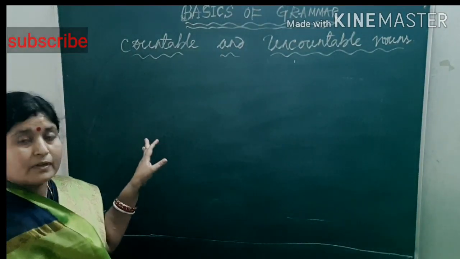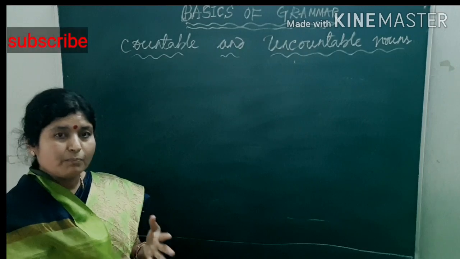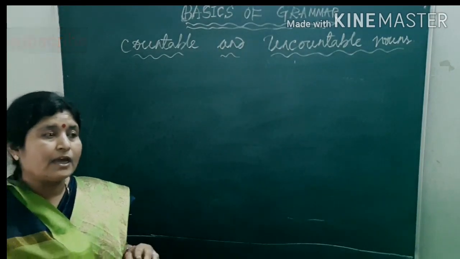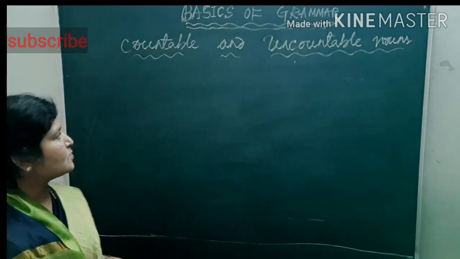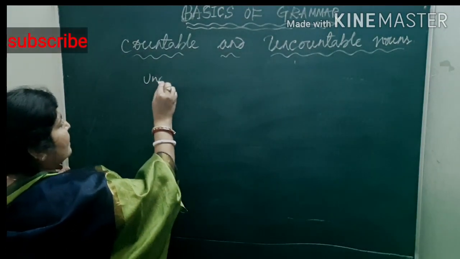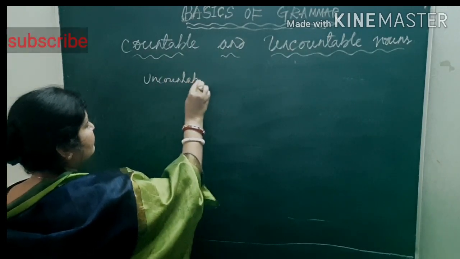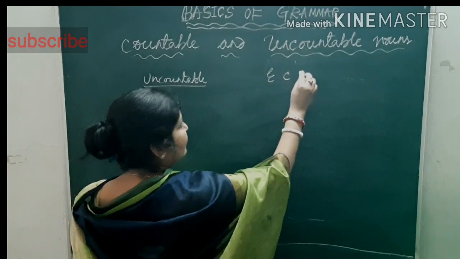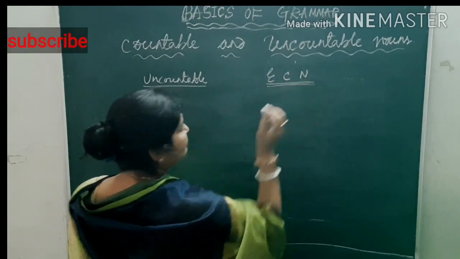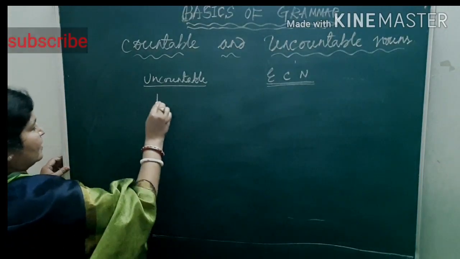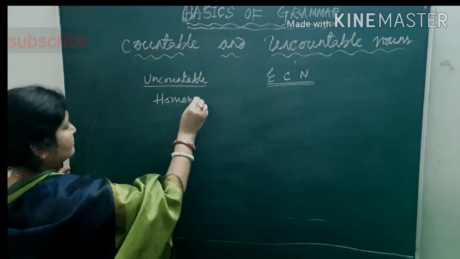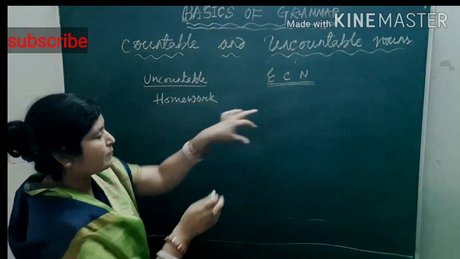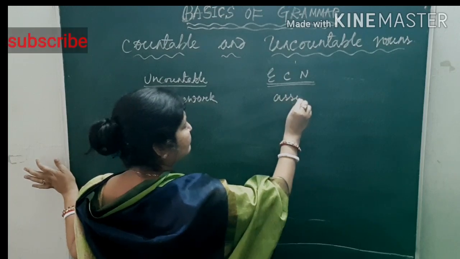Viewers, some uncountable nouns can be used as countable. How? They have equivalent countable nouns also. These are the uncountable nouns and they have equivalent countable nouns. Homework, and its equivalent countable noun is assignment.